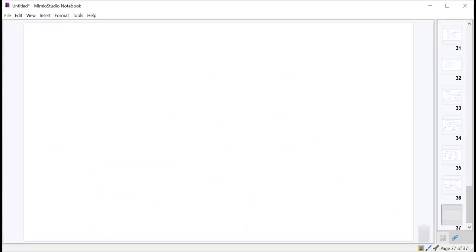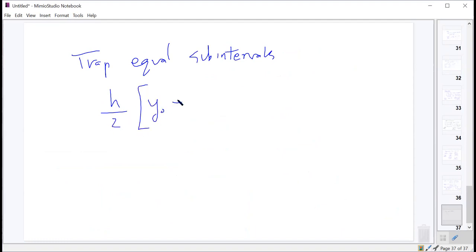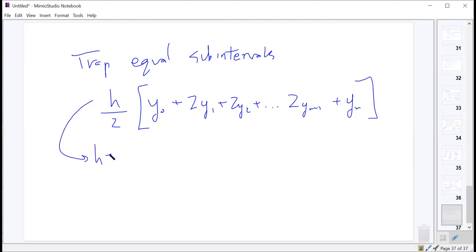The trapezoidal rule formula with equal subintervals is h over 2 times y naught plus 2y1 plus 2y2 plus, and so on, 2y sub n minus 1 plus y sub n, with h equal to b minus a over n, the length of a single subinterval.